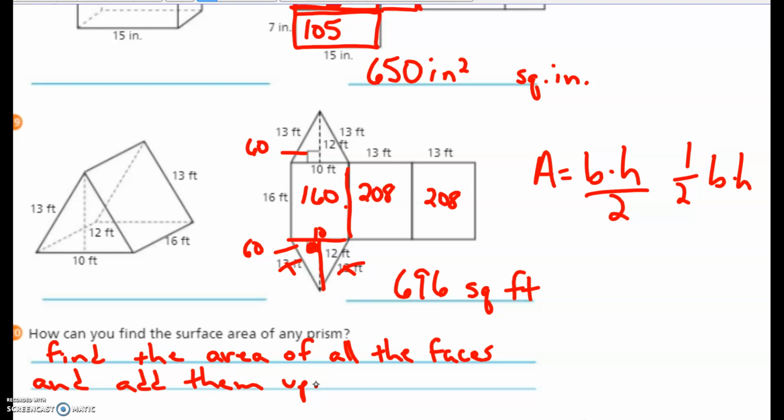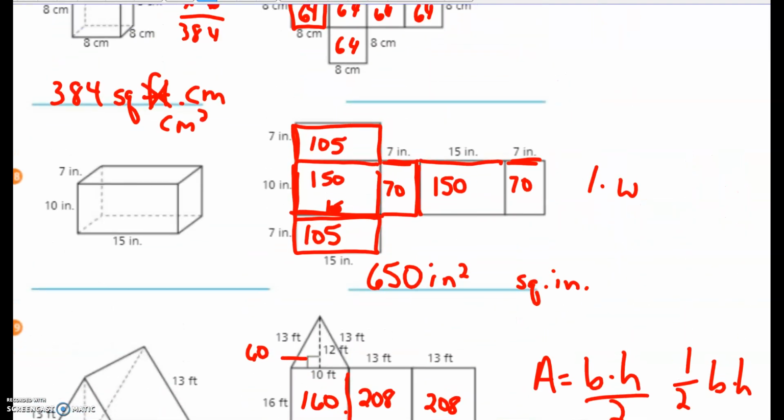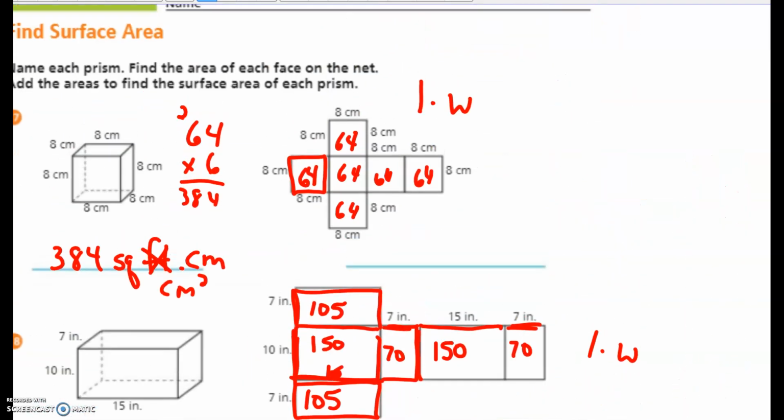Now, today's homework, you're going to have some pictures like this, and because it's going to be on your screen, unless you have a touchpad of some sort, you're not going to be able to write the numbers on there. What you might want to do is copy that shape down on your piece of paper. It doesn't have to be perfect.